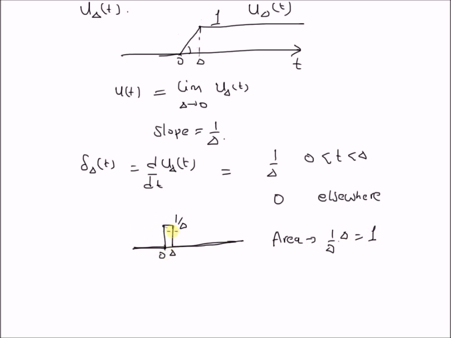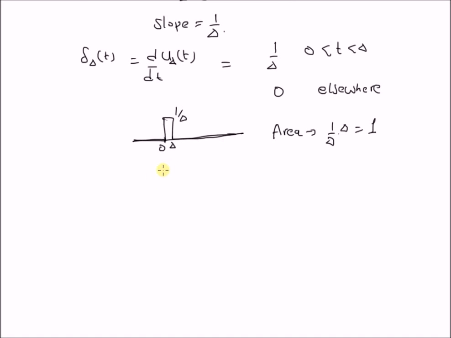That is, this pulse signal has an area equal to 1. And as delta gets closer and closer to 0, you can easily see that this pulse becomes an impulse. Strictly speaking, the magnitude should be infinity, but conventionally it is denoted by 1, which denotes the area of this pulse. So the impulse signal is basically a limit of the pulse signal.